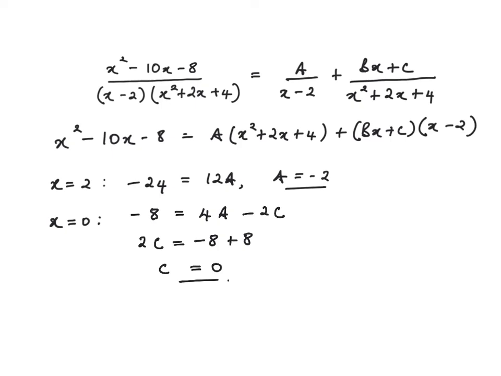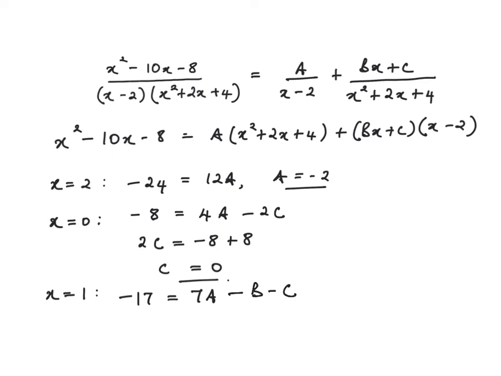The last thing we want to do is to choose any other small value of x. So the left hand side is 1 take away 18, which is minus 17. 1 plus 2 plus 4 gives me 7a. And I have minus, so this bracket here with x equals 1 gives me minus 1, so it's minus 1 times b and minus 1 times c.